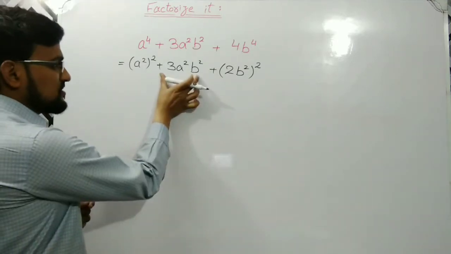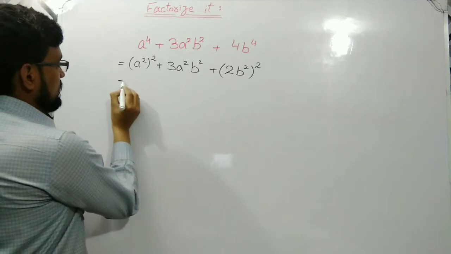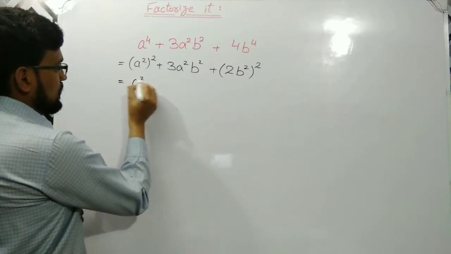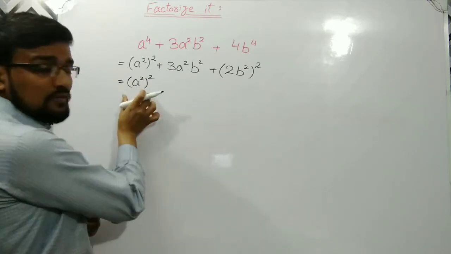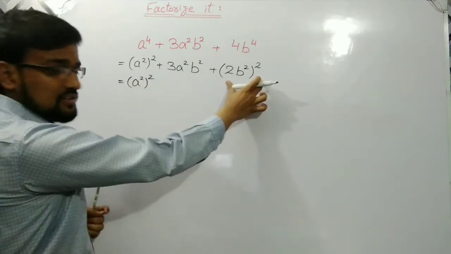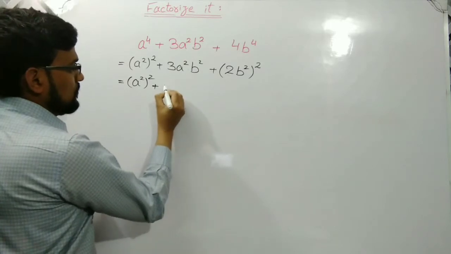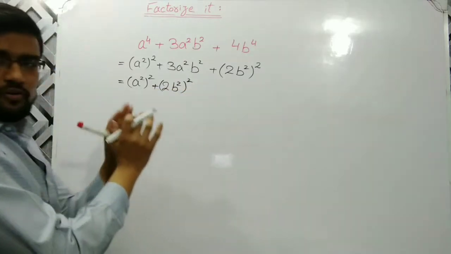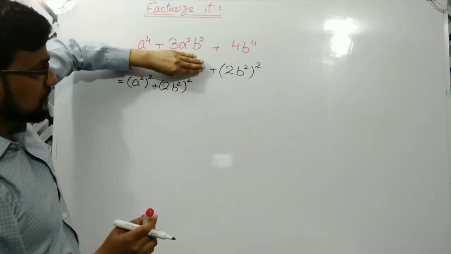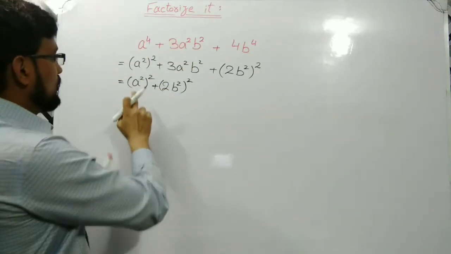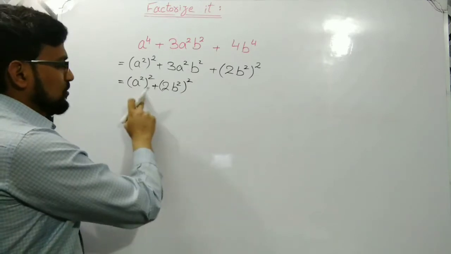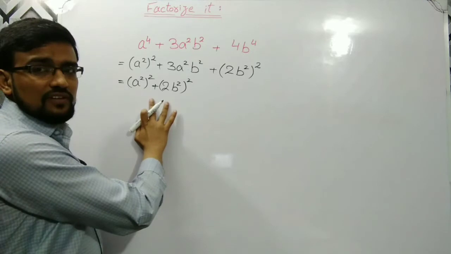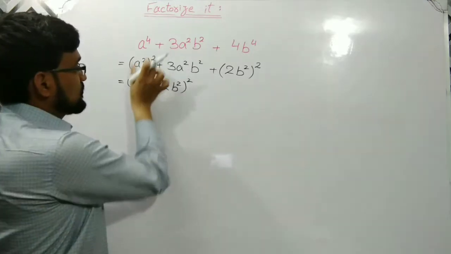So this term, first term and use this last term. Okay, according to the previous one, we use only these two terms and complete the whole square according to this formula.